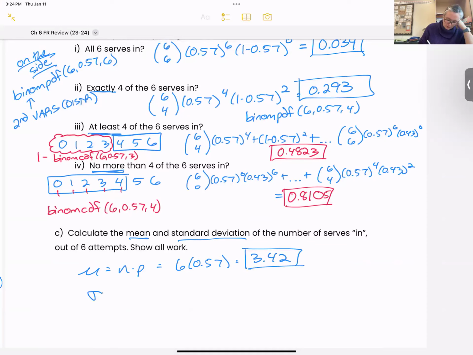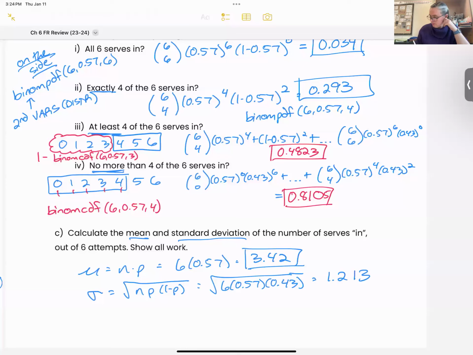The standard deviation, the square root of n times p times 1 minus p, so 6 times 0.57 times 0.43. Which ends up being 1.213. And there we go.